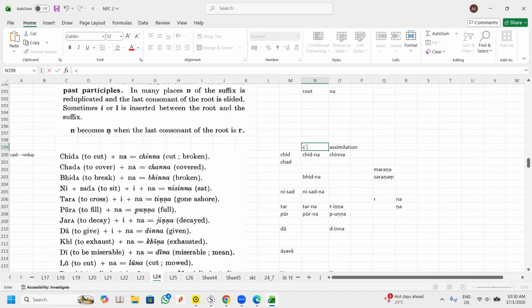That means it should be like that. CHID. If it's duplicate, you're supposed to plus a ta. So if we duplicate, this one should be DDA. It's supposed to be in this case, but in this case, it's not using this assimilation.